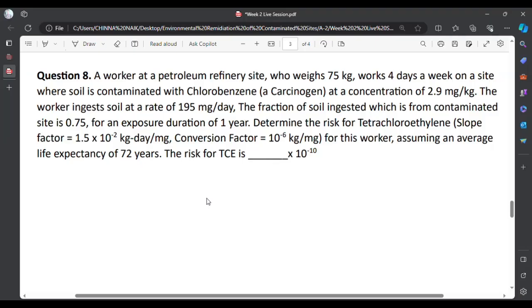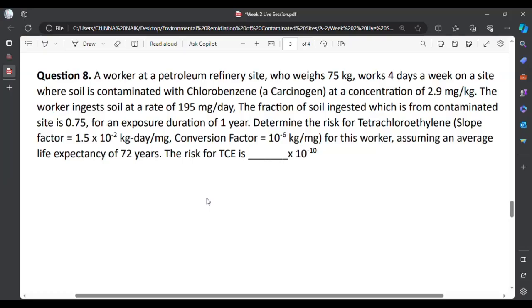And then exposure frequency. How will you calculate exposure frequency? The unit is generally days per year. Here they gave 4 days in a week, so convert it into days per year: 4 into 52, that is 208 days per year.